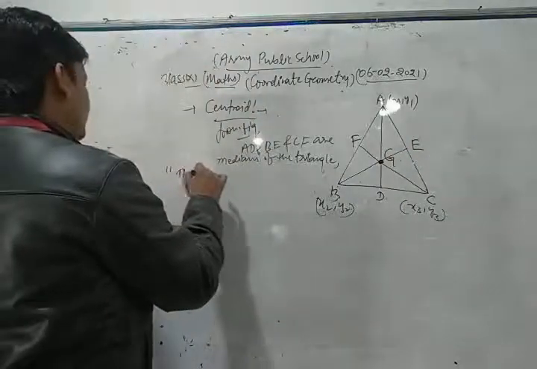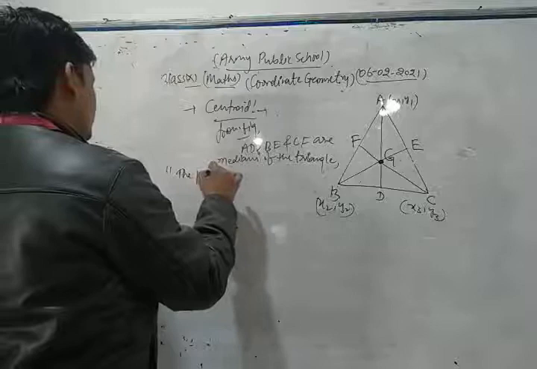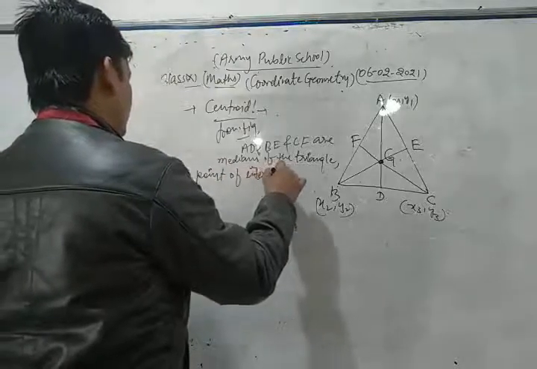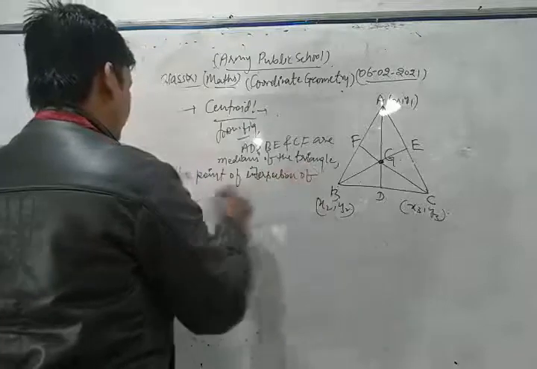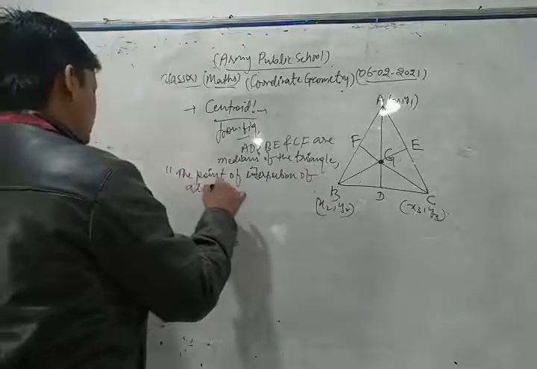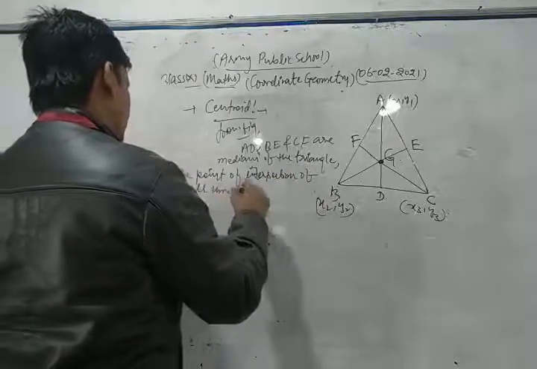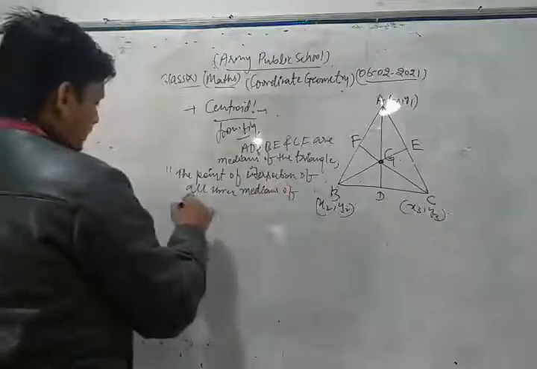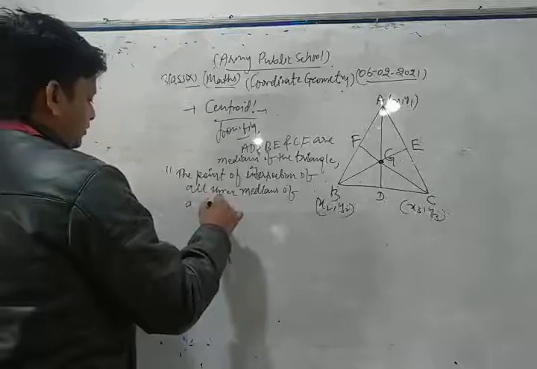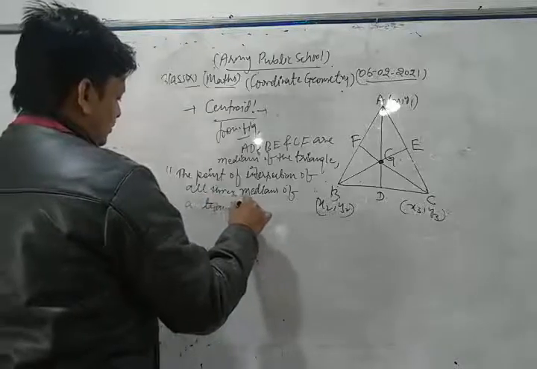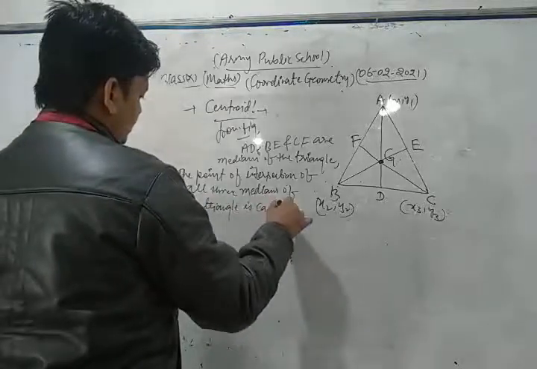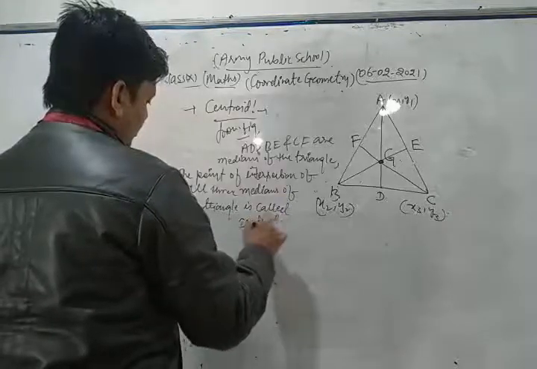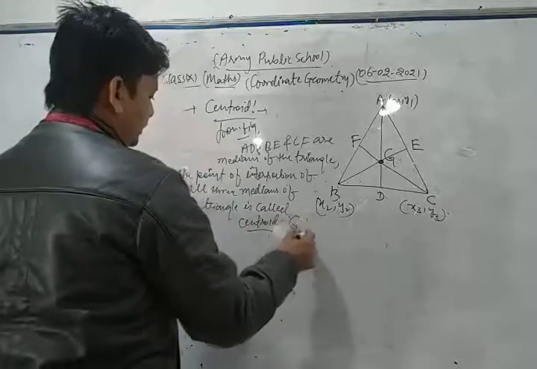The point of intersection of all three medians of a triangle is called the centroid, and it is denoted by capital G.